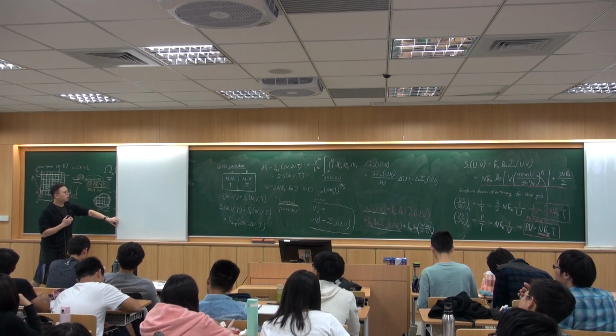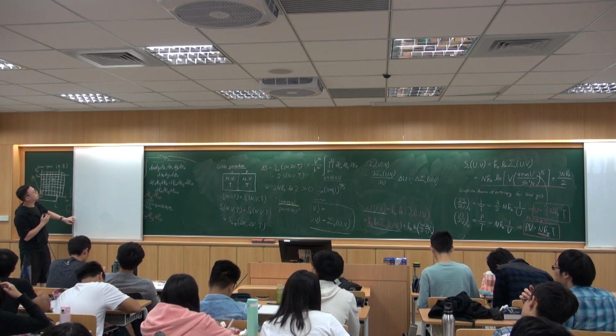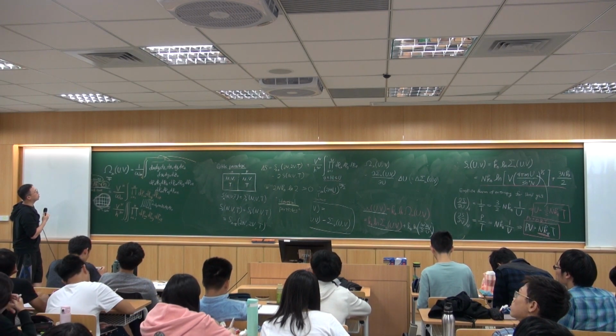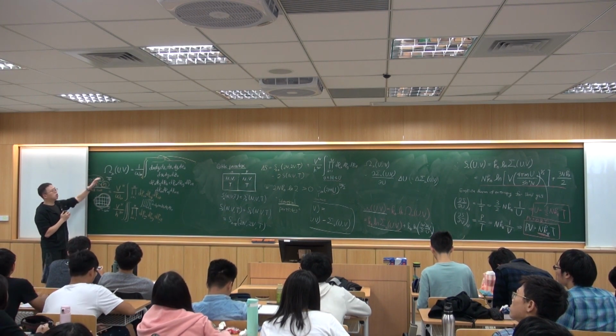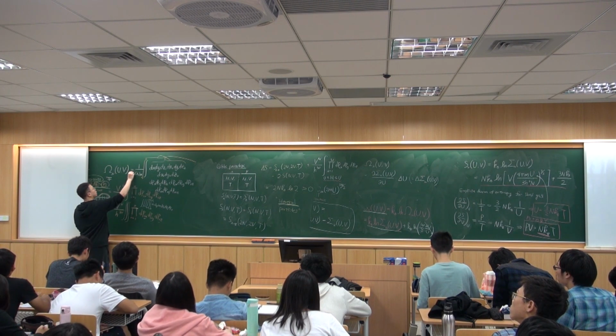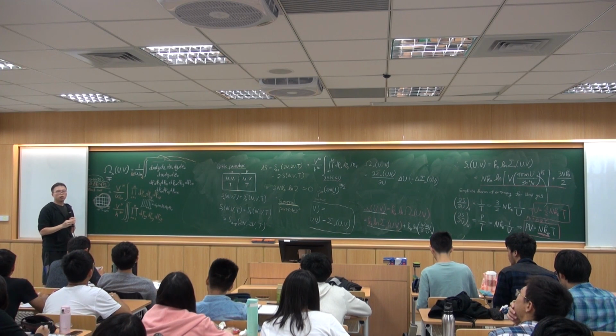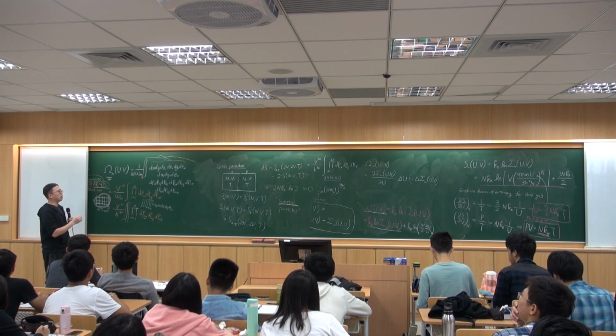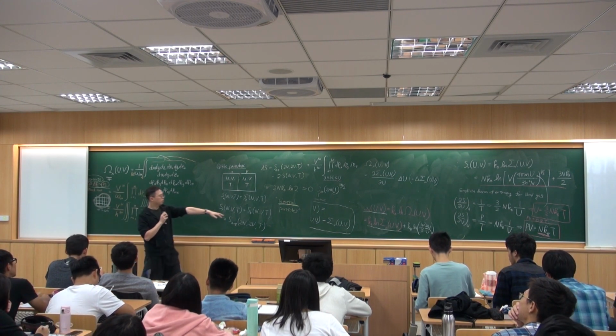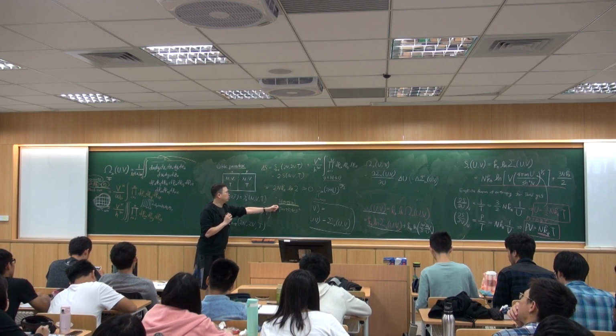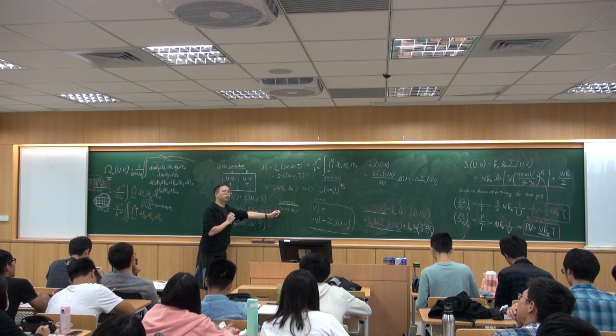So for identical particles, in order to calculate this, we have to put an n factorial over here to make sure that you remove overcounting due to the identical particle nature.